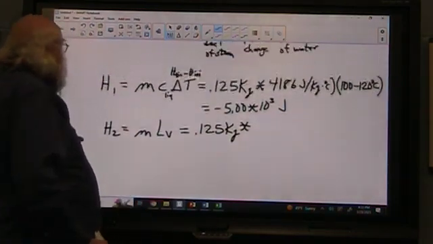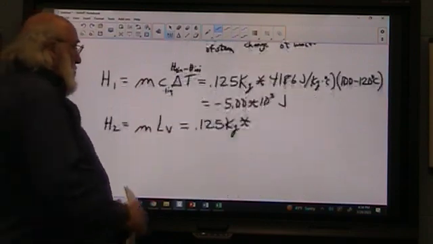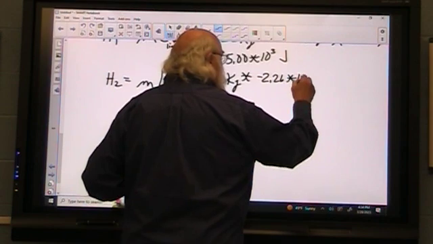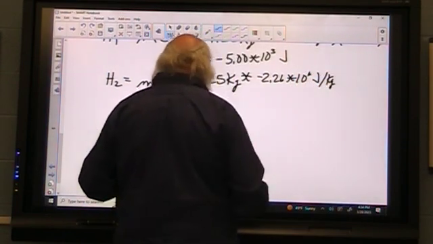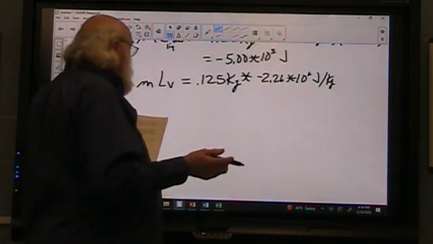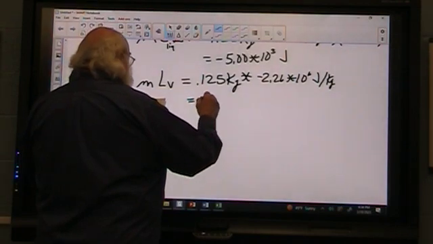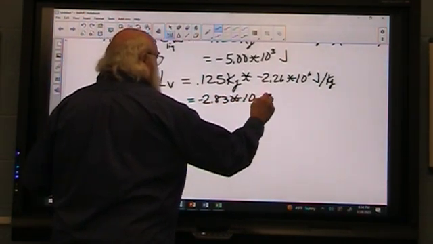And again, we go back to up there, LV, we said a negative 2.26 times 10 to the 6th joules per kilogram. And then we just go ahead and calculate that out. And we get negative 2.83 times 10 to the 5th joules.